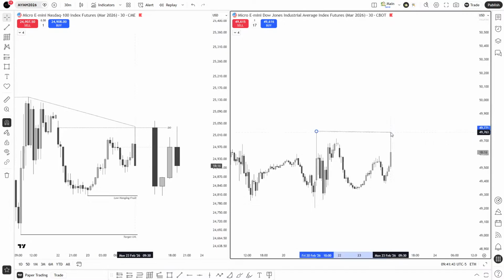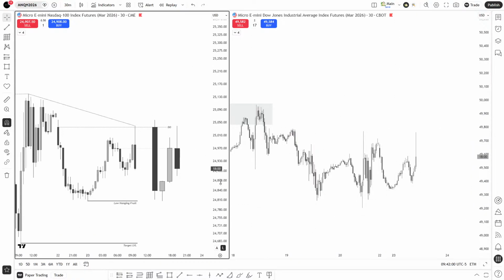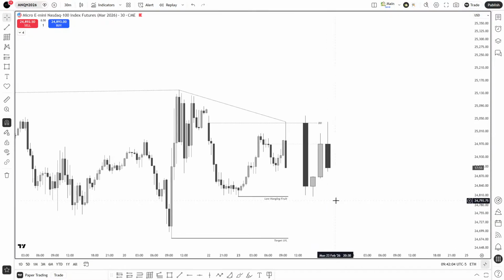YM still has yet to take this high, so there's no reason to lower, which is interesting. DLVD took this out. That's high as well. That is a horrible PA. I shouldn't even be looking to trade, but right now this is still looking clean.